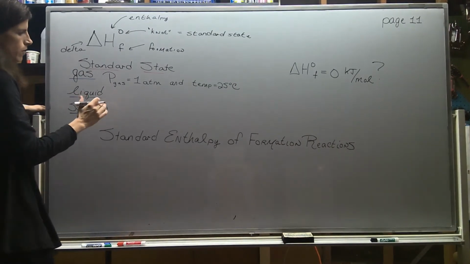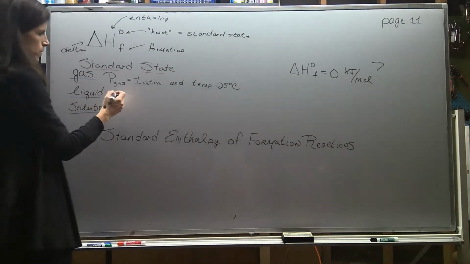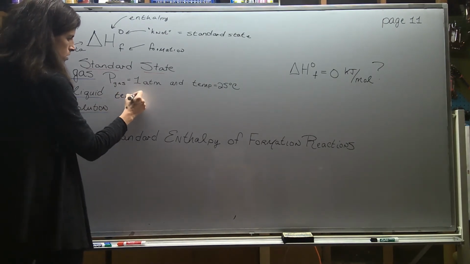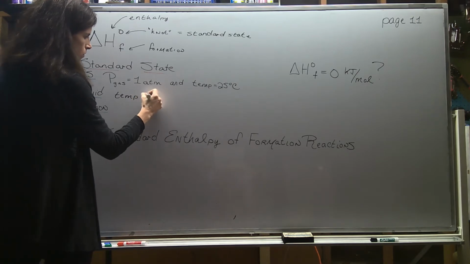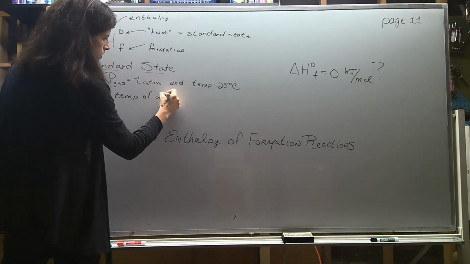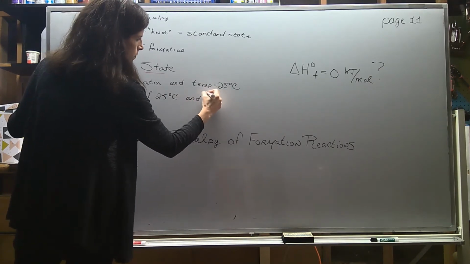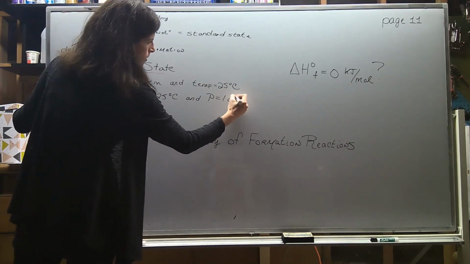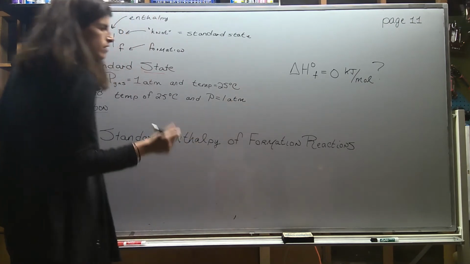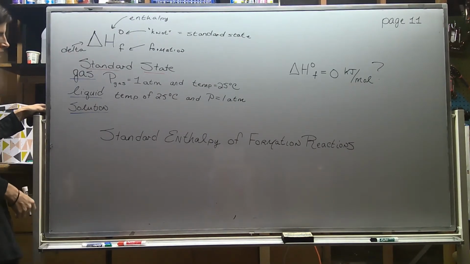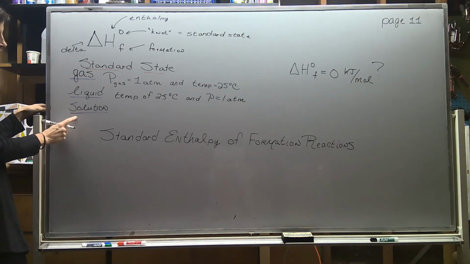Liquid is going to be very similar. Liquid will be a temperature of 25 degrees Celsius, and the pressure should be 1 atm, because things can change even for pure liquids if you start changing vapor pressure. Solutions.